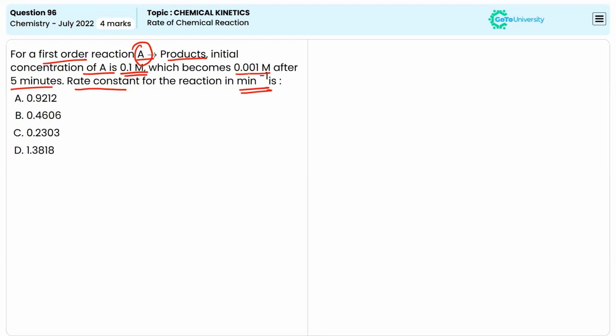First of all we have to write the expression for the rate constant of a first order reaction. For a first order reaction, K is equal to 2.303 by t times logarithm of initial concentration divided by final concentration.